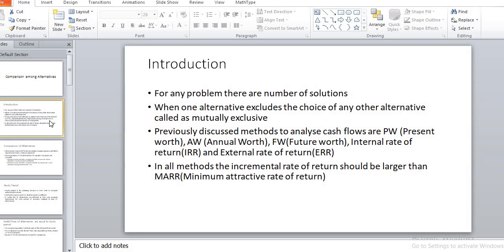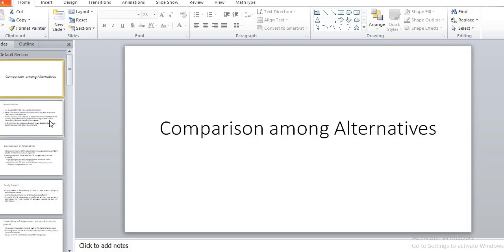As per the discussion, we now compare a number of projects. These projects are nothing but the alternatives. We have some problem, and for that particular task we decide on a number of projects or alternatives. Here the word alternative is used for a number of projects, or we can say it is a solution for that particular problem.